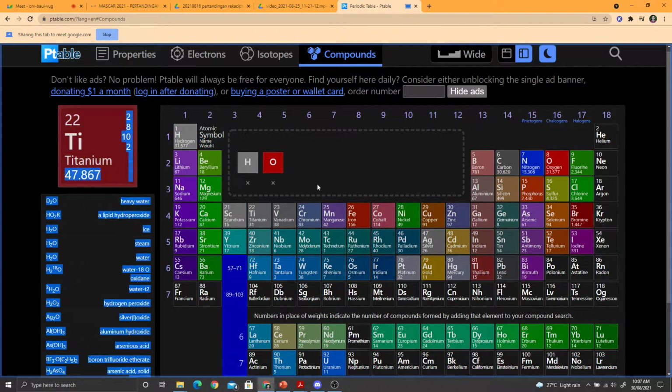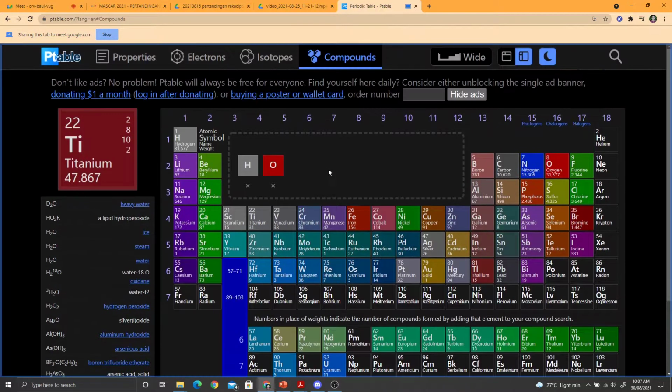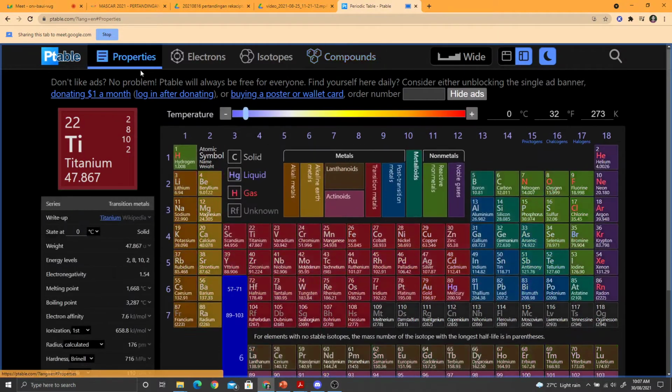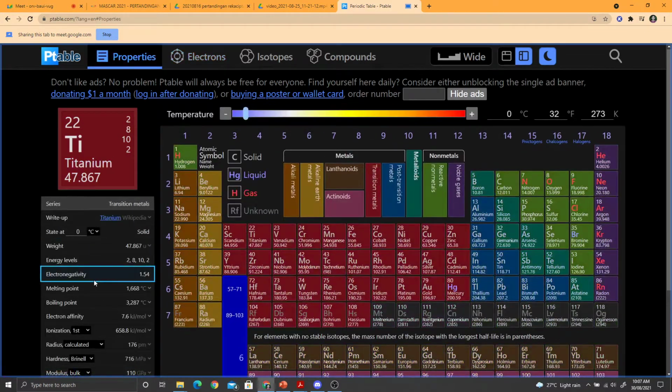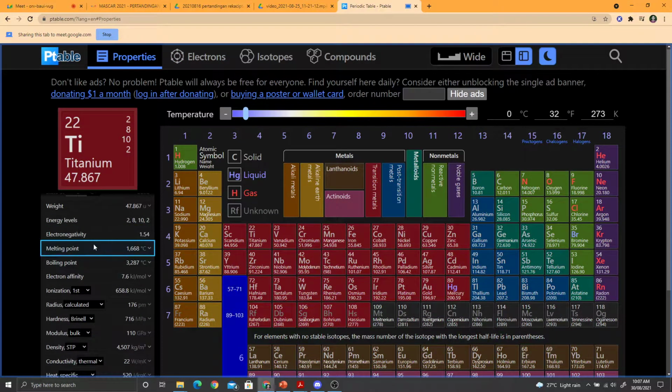Tak apalah, korang try sendiri. Okay, all the compound yang you guys boleh buat. So usually I use the periodic table for properties and electrons. Okay, because untuk chapter 3 nanti kita akan tengok all the melting points, all the boiling point. You guys akan tengok kenapa okay, nanti I akan cerita.